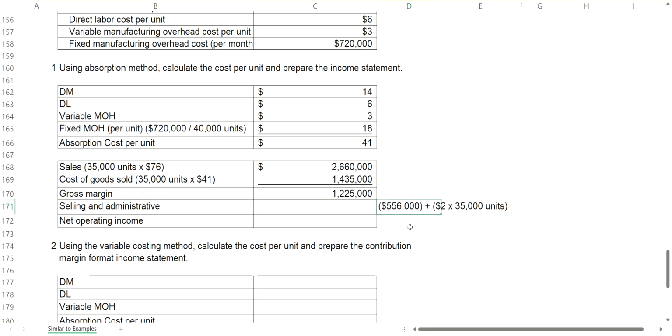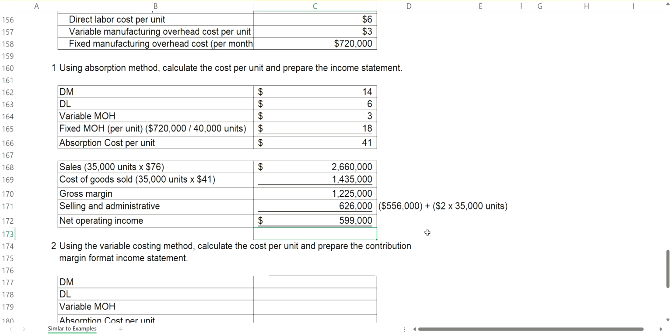So my variable part is $70,000 plus my fixed part of $556,000 gives me $626,000. Okay, then I will subtract. And my net operating income is $599,000.